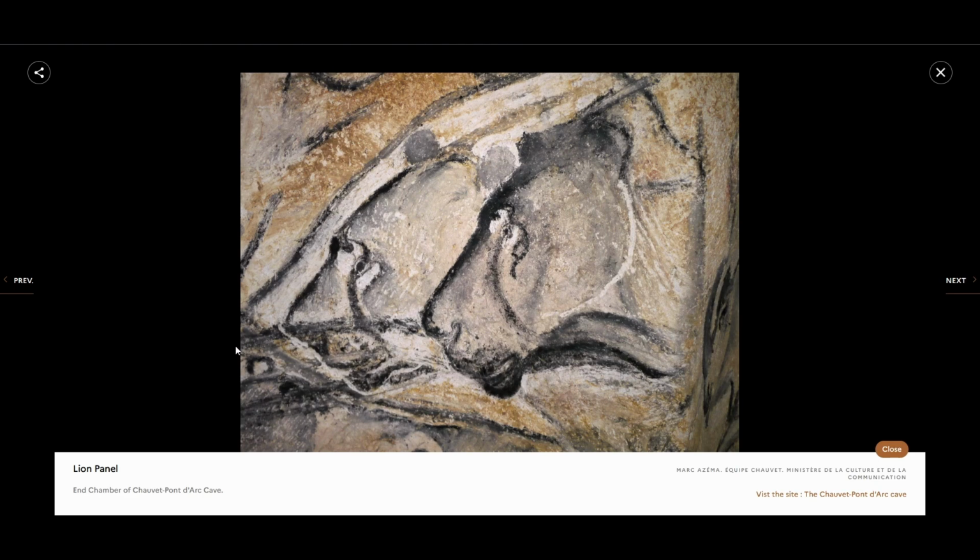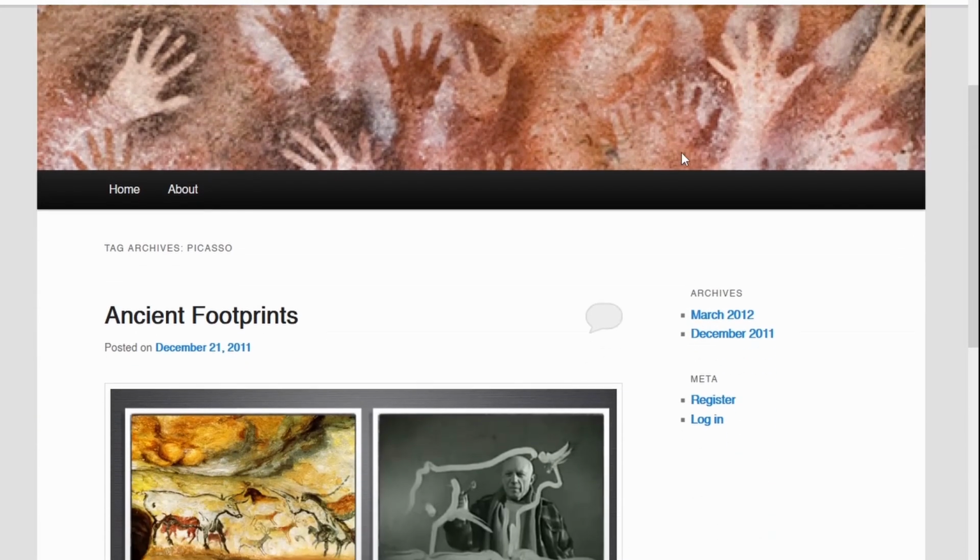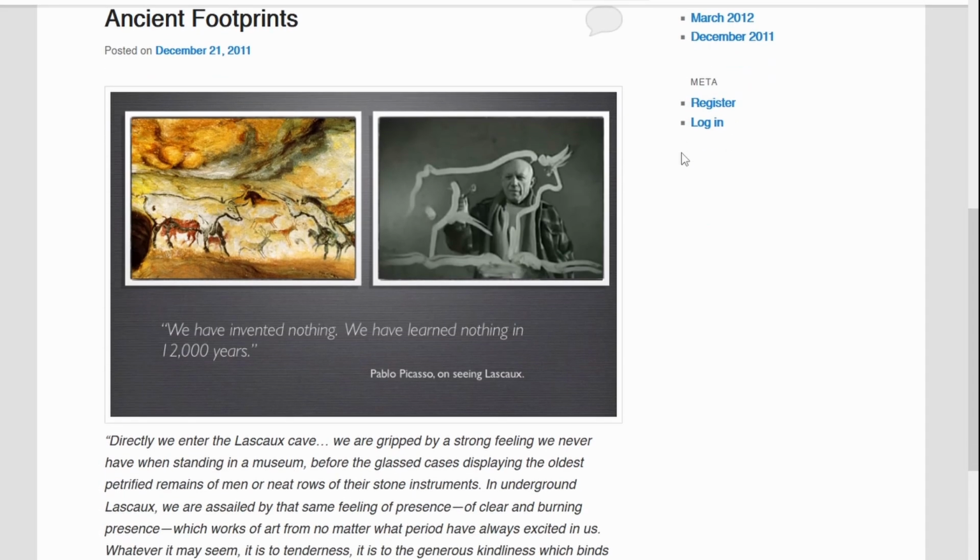And I like this quote a lot. Once Picasso was visiting one of these caves, and after looking at them and studying them, he said, "We have invented nothing. We have learned nothing in 12,000 years." And yeah, people have been drawing way back before writing.